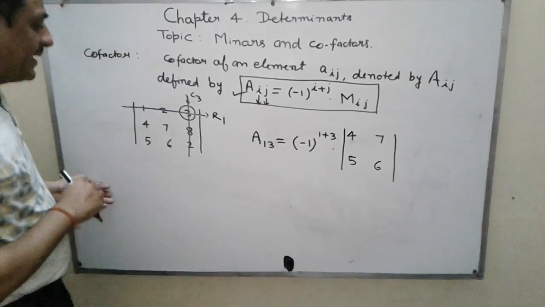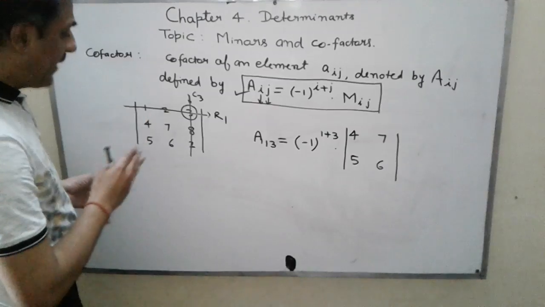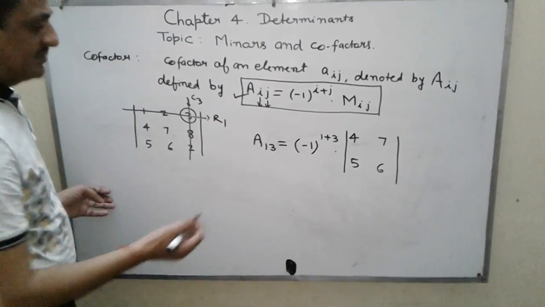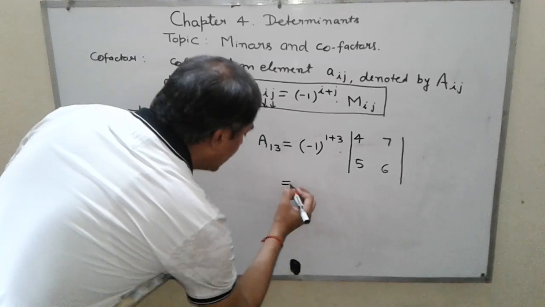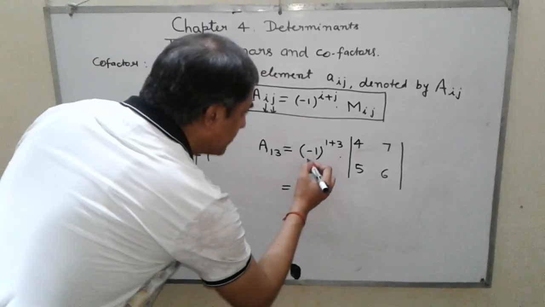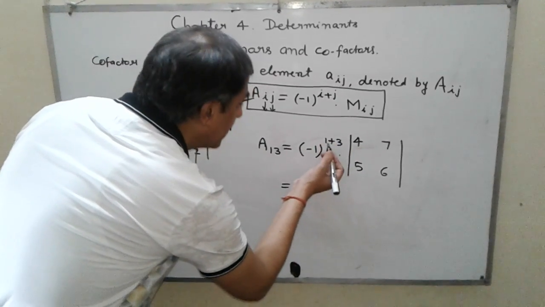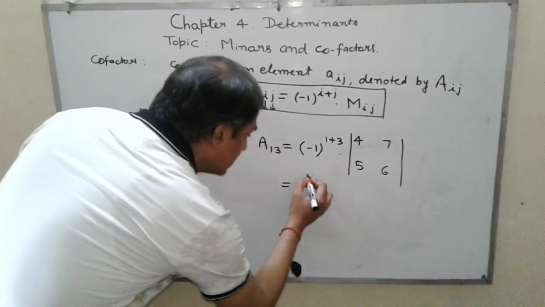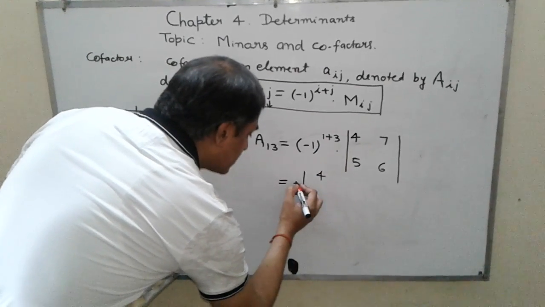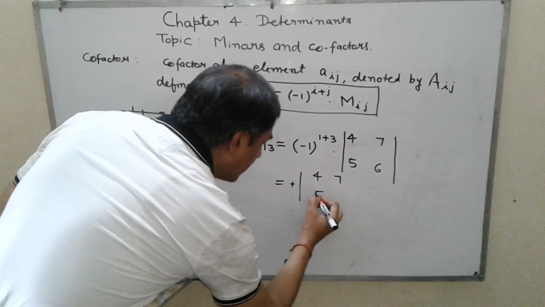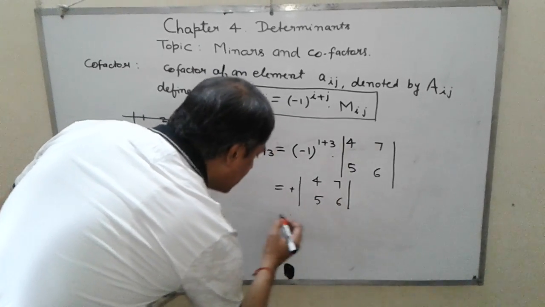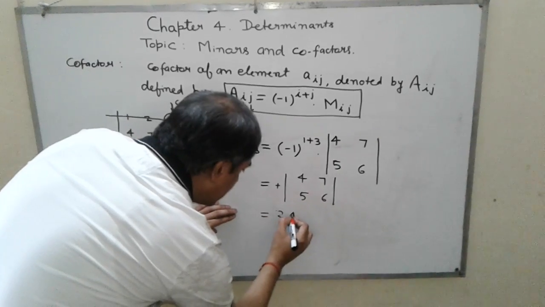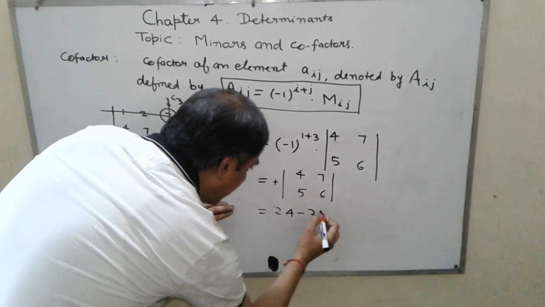Similarly, you can find the cofactor of the other elements by using this method. So we can simplify it. Minus 1 to the power 1 plus 3, that is 4. 4 is an even number, so minus 1 to the power 4 is a positive value. Then the determinant 4, 7, 5, 6 gives 6 times 4 is 24, minus 35.